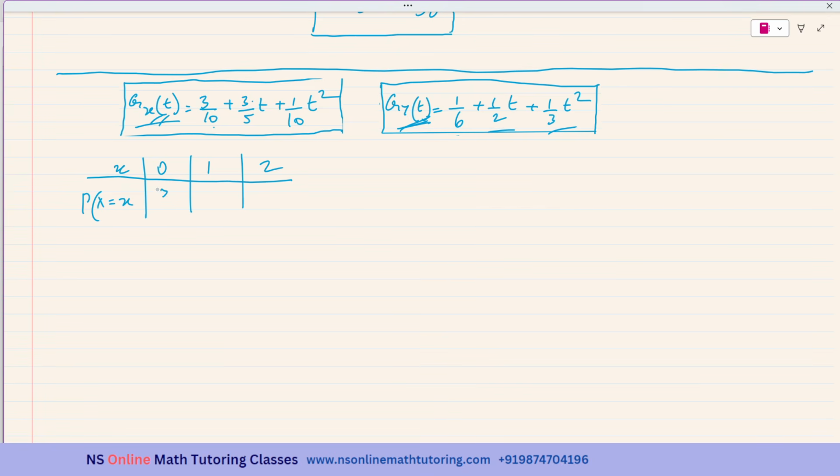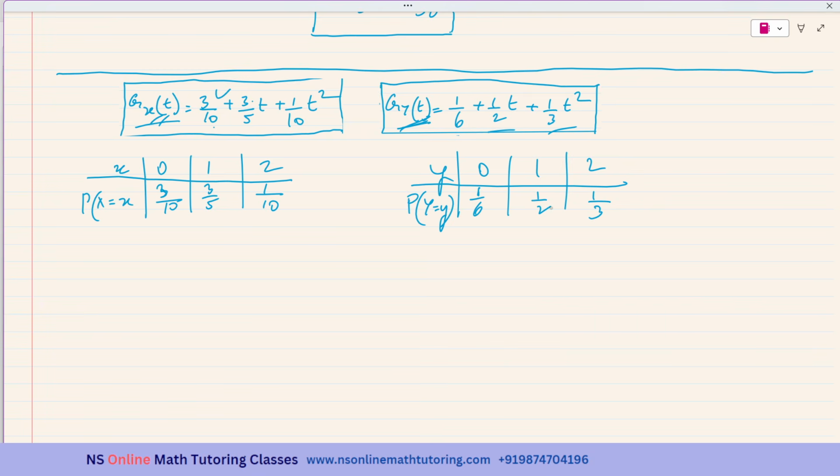It was 3 over 10, 3 over 5 and 1 over 10. And this one was Y: 0, 1 and 2, P of Y equal to y: 1 over 6, half, and 1 over 3.